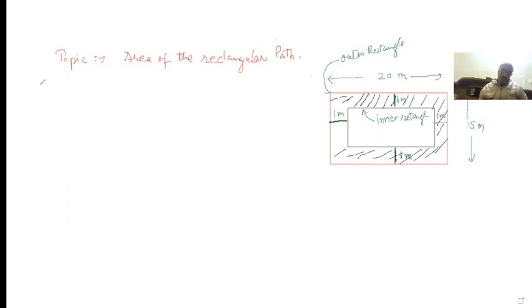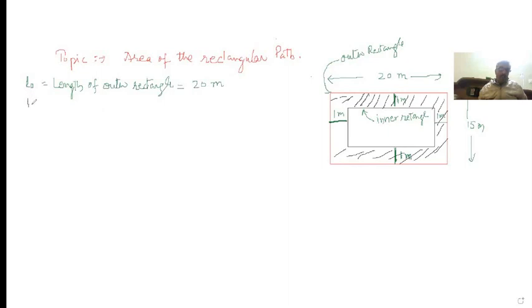Now, let LO be the length of the outer rectangle, which is given as 20 meter.